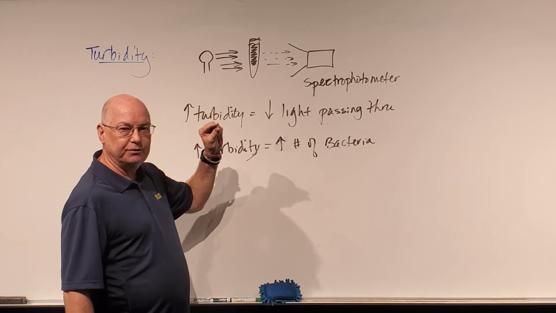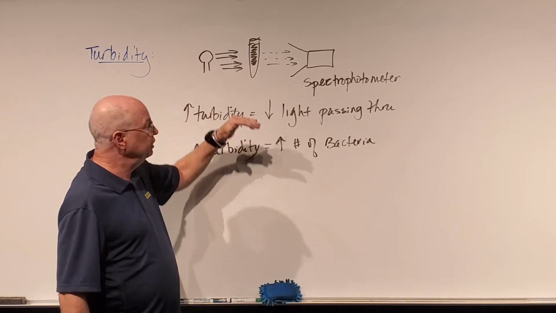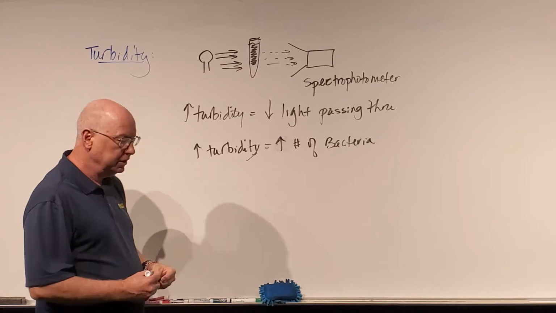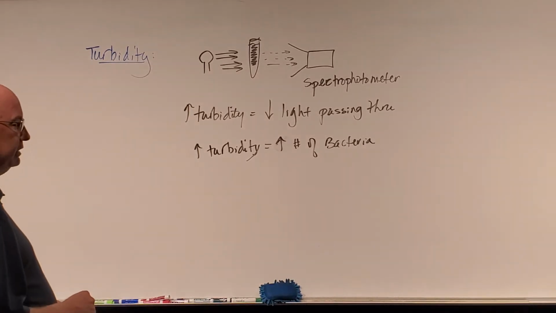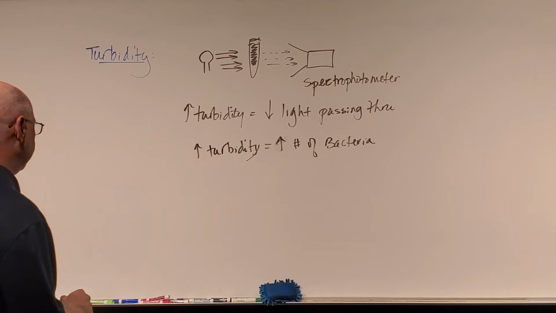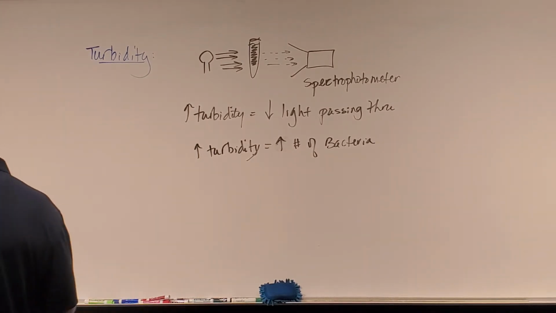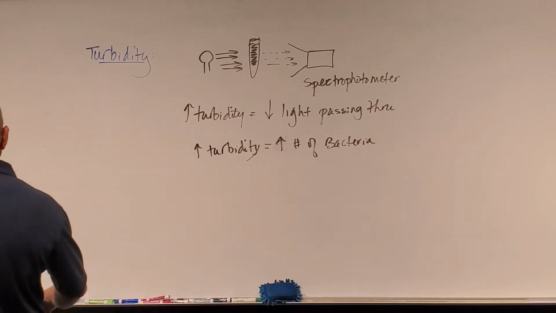But if I went, say, from 10,000 to 12,000, we would not be able to really measure that amount. So it's not always the best way to measure the amount of bacteria, or at least it doesn't give us direct measurements of the number of cells. It can just give us an indication if there's more cells or less cells. So not always the best way, okay?